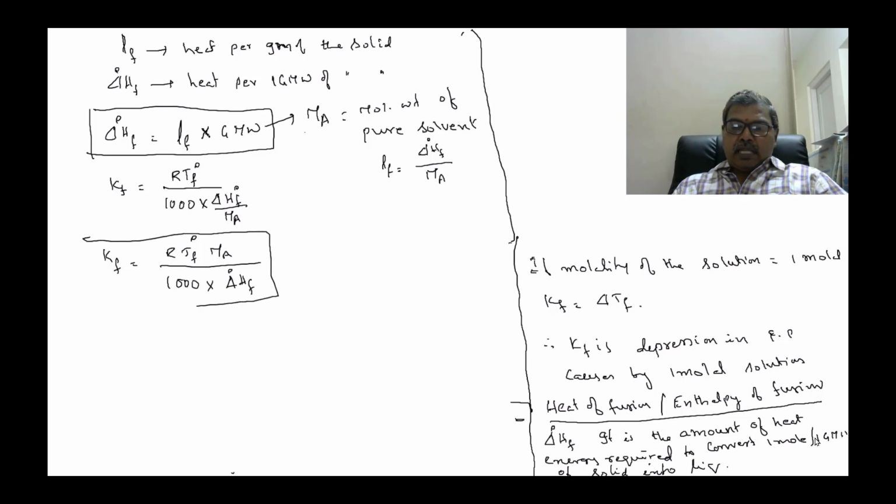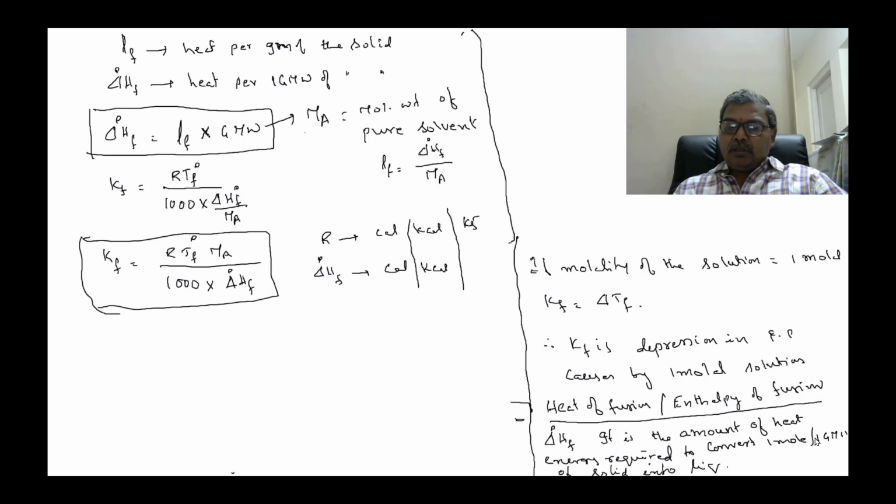So R is the gas constant. If the gas constant is taken in calories, delta Hf naught must be in calories. If it is in kilocalories, then Hf naught will be in kilocalories. If R is taken in kilojoules, Hf naught must be in kilojoules per mole.